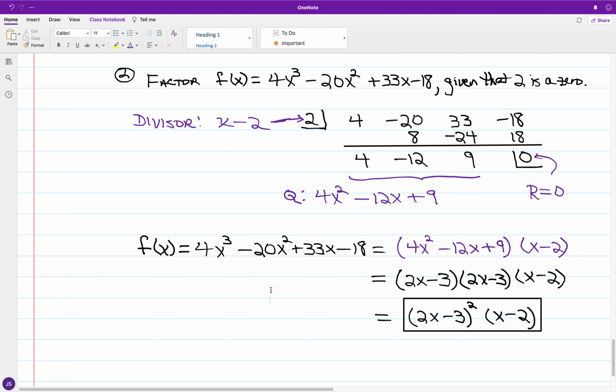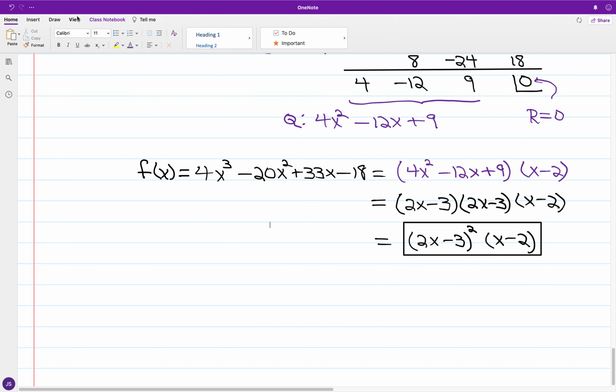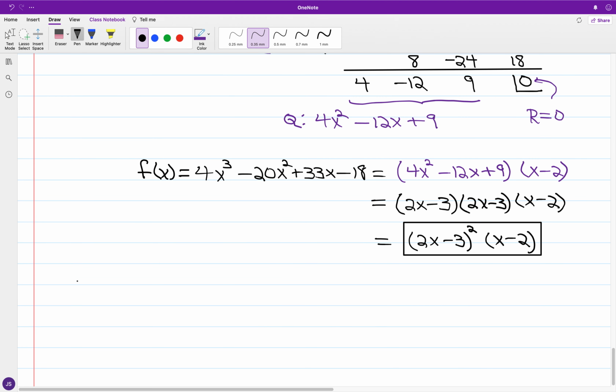Right. And tell you what, just for the next few moments, the factorization for this one will be complete with just the quotient and the divisor. Let's see what we get in the case of factoring.